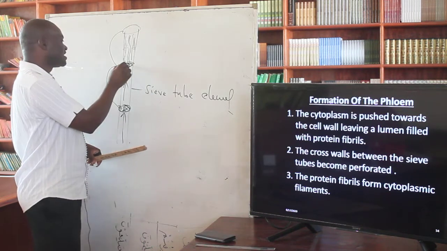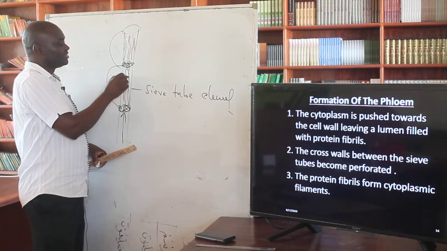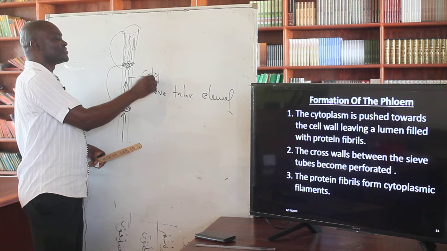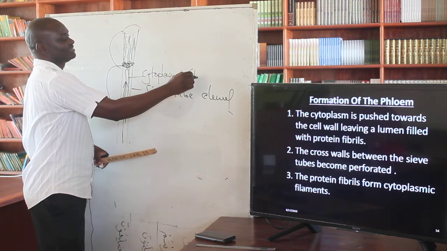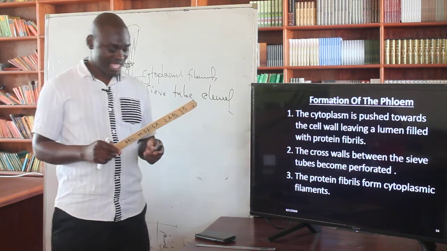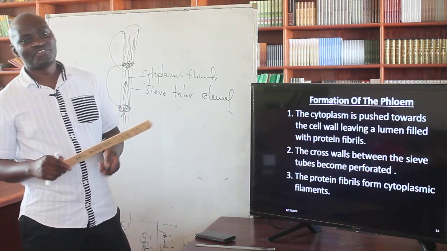So these protein fibrils, protein structures which remain, now form what we call cytoplasmic filaments. And so we have a complete phloem structure.